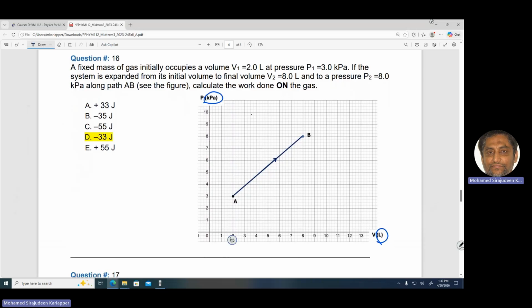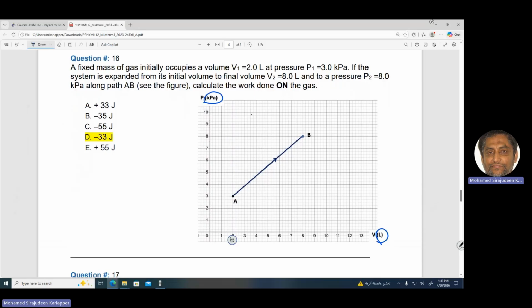No. But if the question is to find the work done or the area or whatever, we don't care, because we have to multiply the kilopascal with liter. It will be in joule. So we don't need to bother to convert them. Just keep them in kilopascal, keep them in liter, the product will be an SI unit.